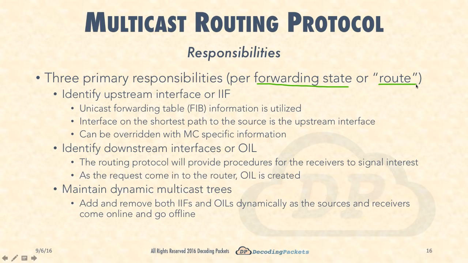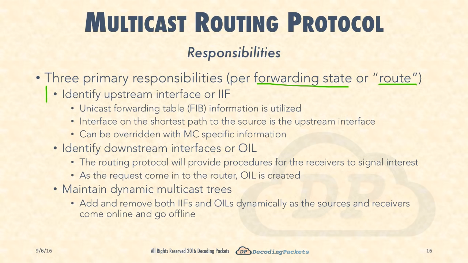Those responsibilities are, first of all, identify an upstream interface, or the IIF. That IIF identification is actually one of the most important responsibilities of a multicast routing protocol. So identify the upstream interface.